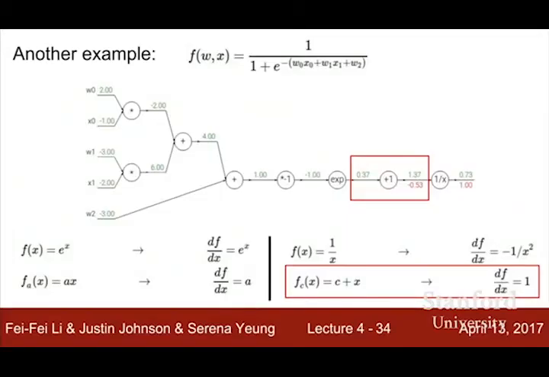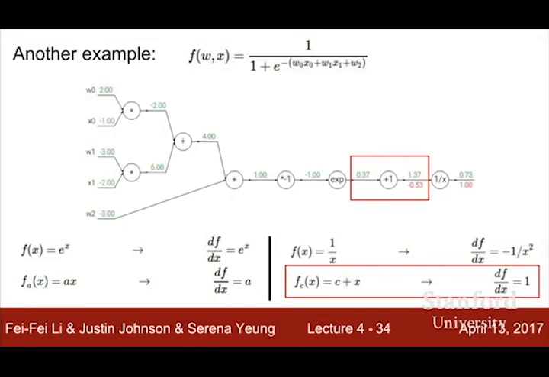So moving back to the next node, we're going to go through the exact same process. Here, the gradient flowing from upstream is going to be -0.53. And here, the local gradient, the node here is a +1. And so now looking at our reference of derivatives at the bottom, we have that for a constant plus x, the local gradient is just 1.